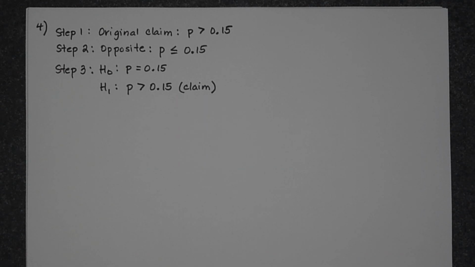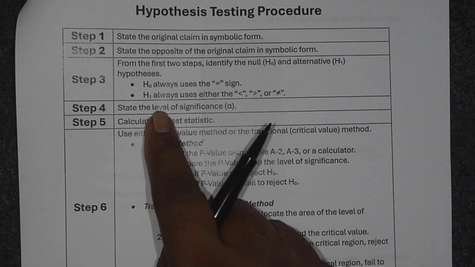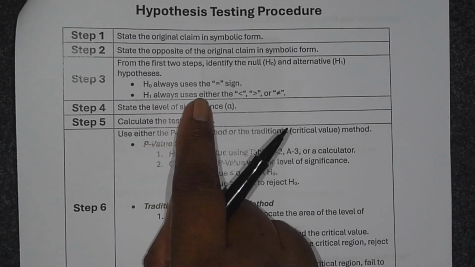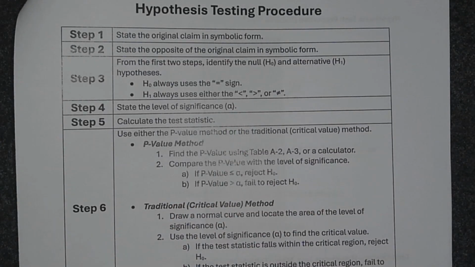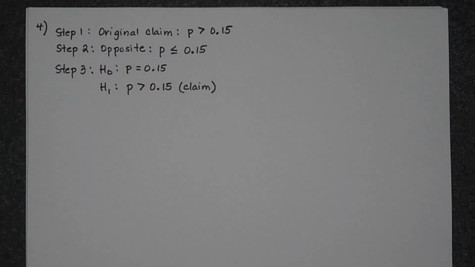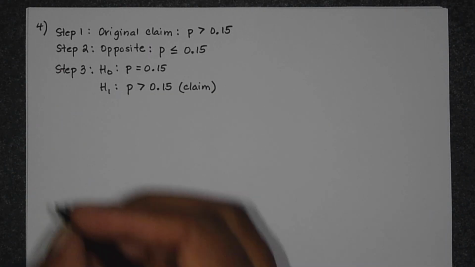In fact, it says so right here: alternative hypothesis always uses either less than, greater than, or not equal to. Any other questions?